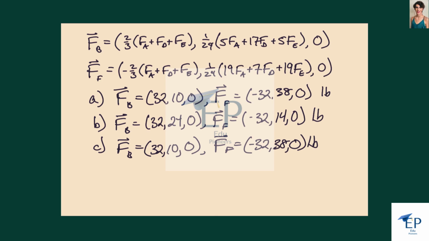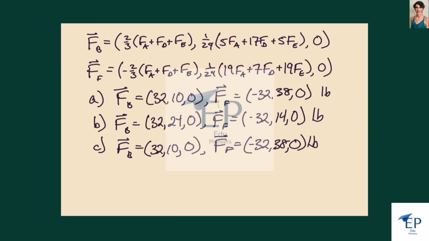The horizontal component does matter. So if we have the force at D, we're going to get a larger horizontal component at B. And here, if we have the force at A or E, we're going to get the largest horizontal component at F. So when it's at A, we get 10 here, and when it's at D, we get 24, and when it's at E, we get 10 again, okay?